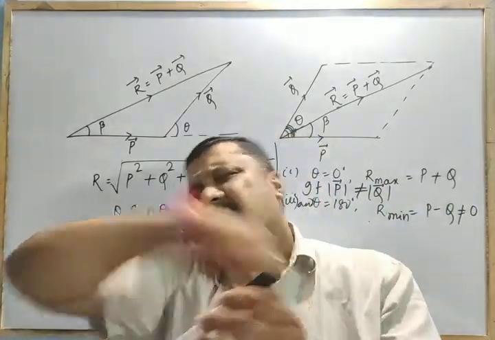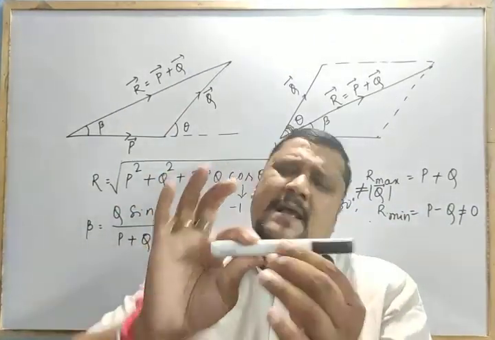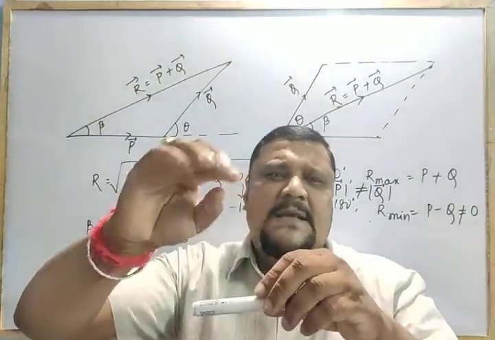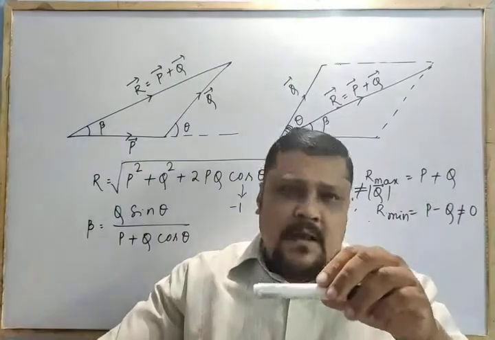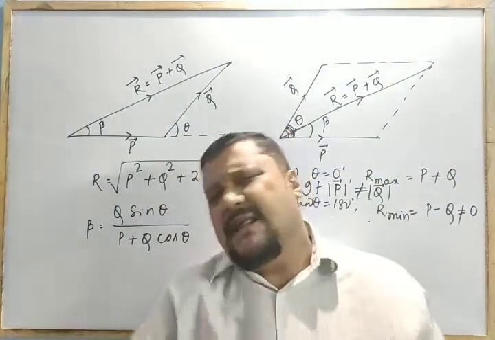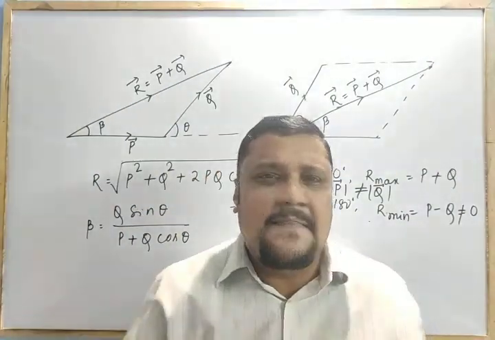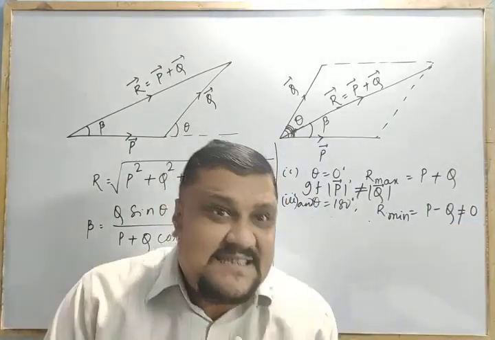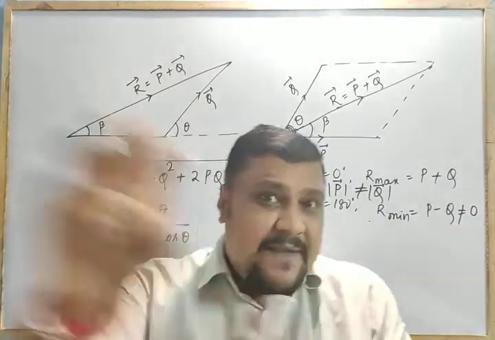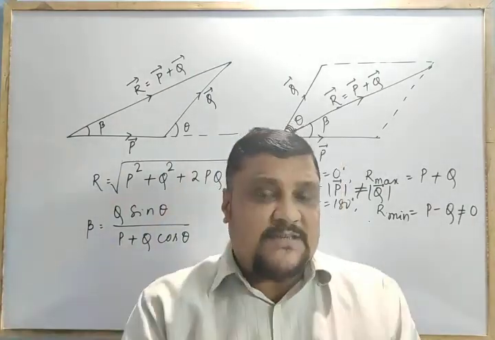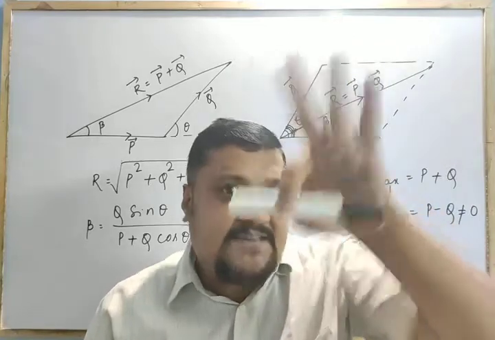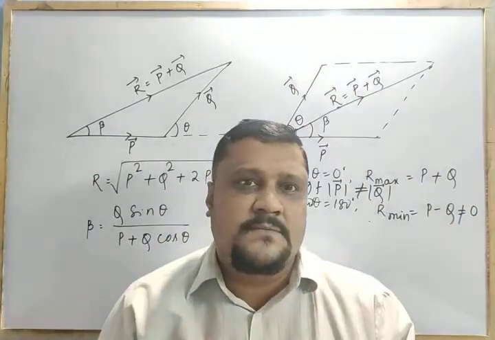And if you take any other angle, whether 180, 150, 160, 130, 45 degree, 60 degree, whatever may be the angle, the minimum value is not equal to 0. When the resultant becomes 0 while a number of forces are acting, that is the condition of equilibrium.